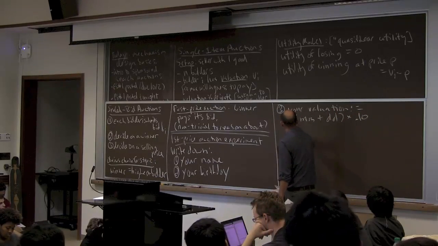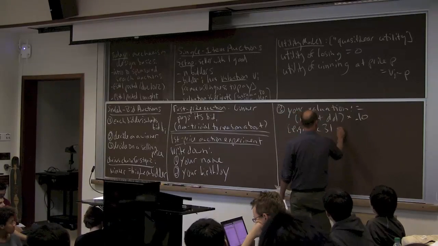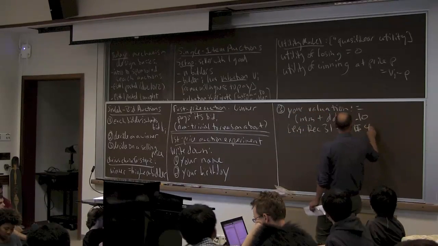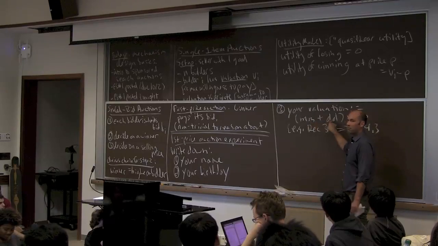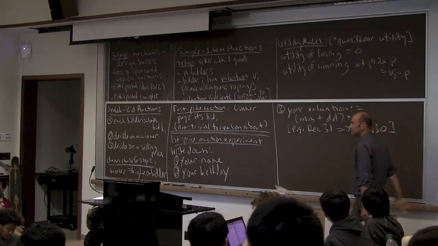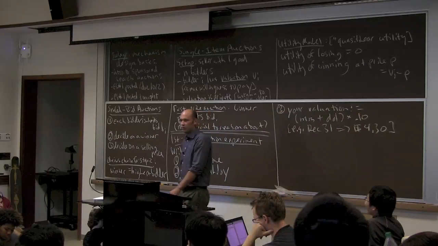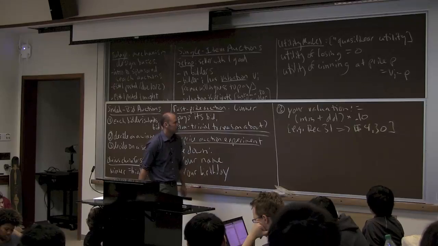For example, the biggest valuation you could have, if you were born on the last day of the year, would be 12 plus 31 times 0.1, or $4.30. If any of you are New Year's Day babies, then your valuation is only 20 cents.